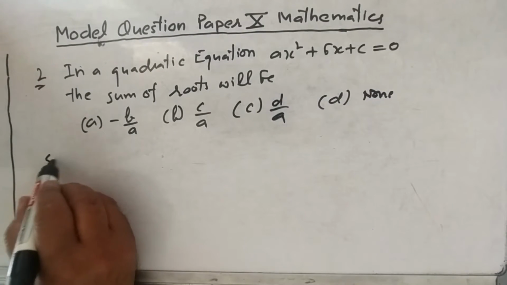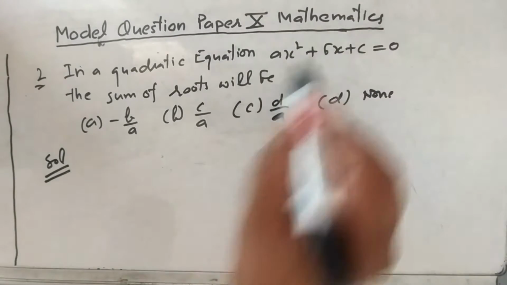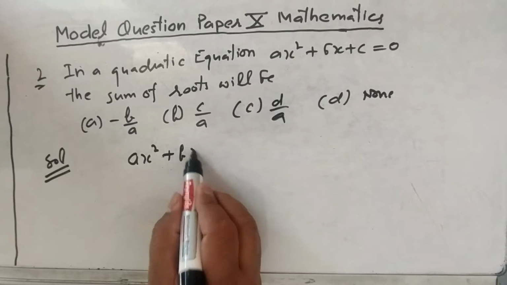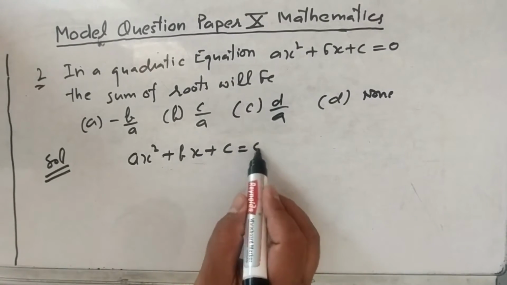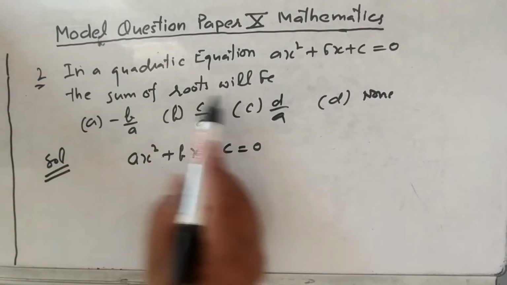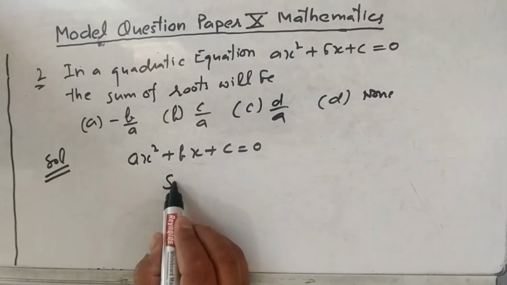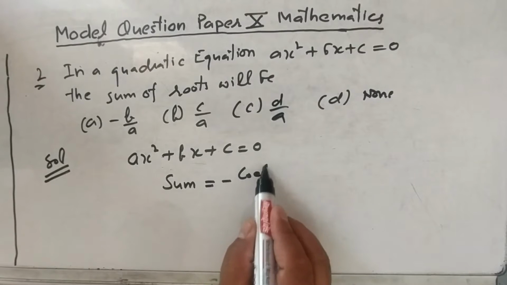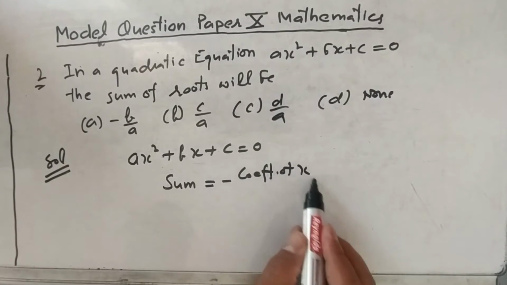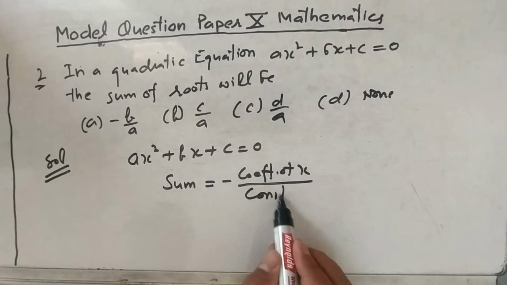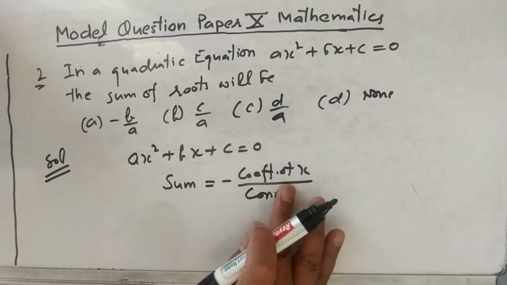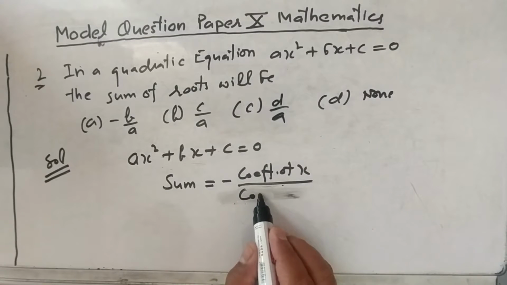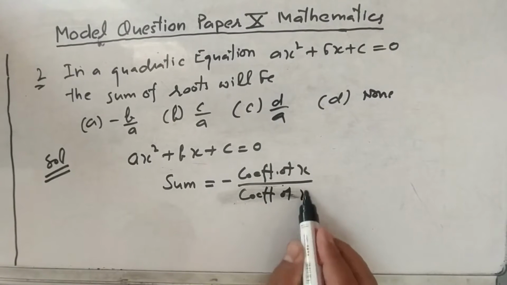Children, this is again a simple question. Here you have a quadratic equation, ax square plus bx plus c equals 0. How to find the sum? The formula for the sum is minus coefficient of x upon coefficient of x square.